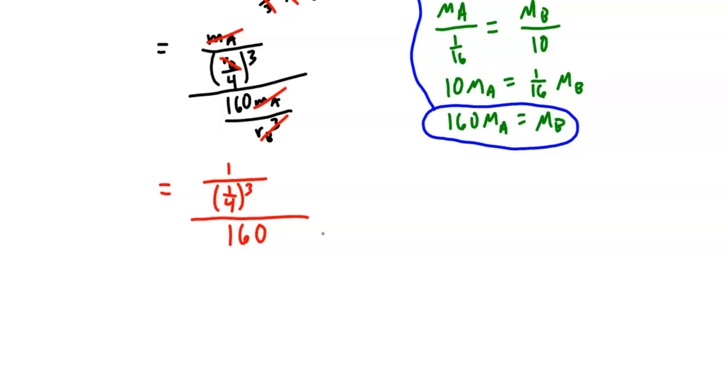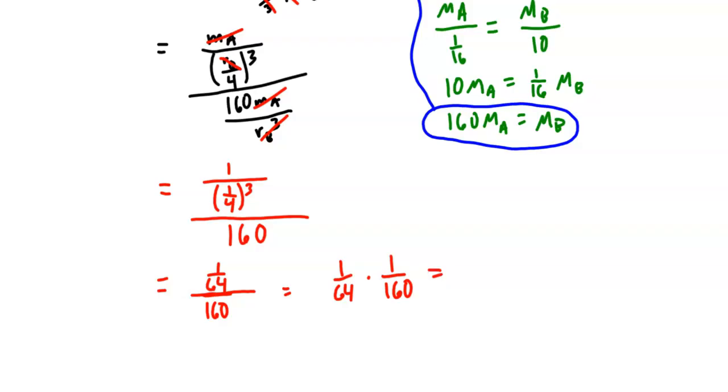Okay, 1/4 cubed. 4 times 4 is 16, times 4 is 64. So that is 1/64 over 160. And that is the same as 1/64 times 1 over 160.